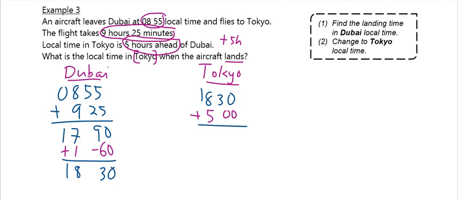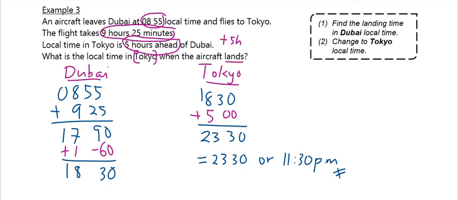You just add as usual: 30 plus 0 is 30, and 18 plus 5 will be 23. So this time exists. The local time in Tokyo will be 2330, or you can say it is 11:30 p.m. in Tokyo. Right, so that's for the third example.